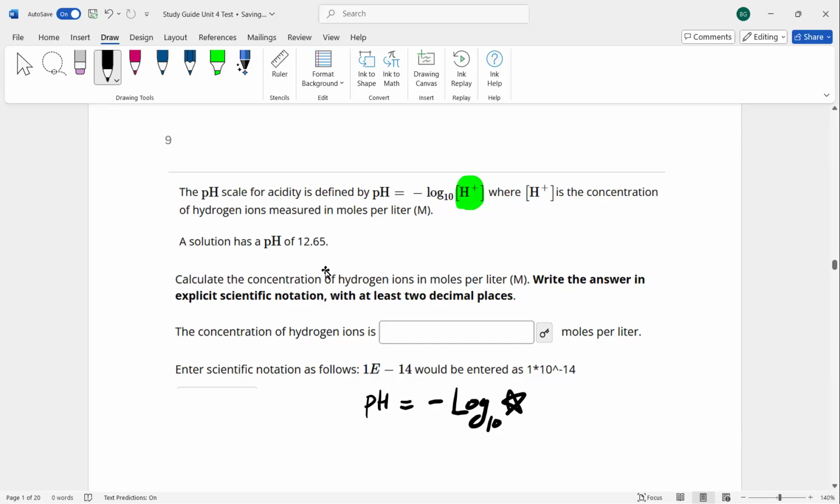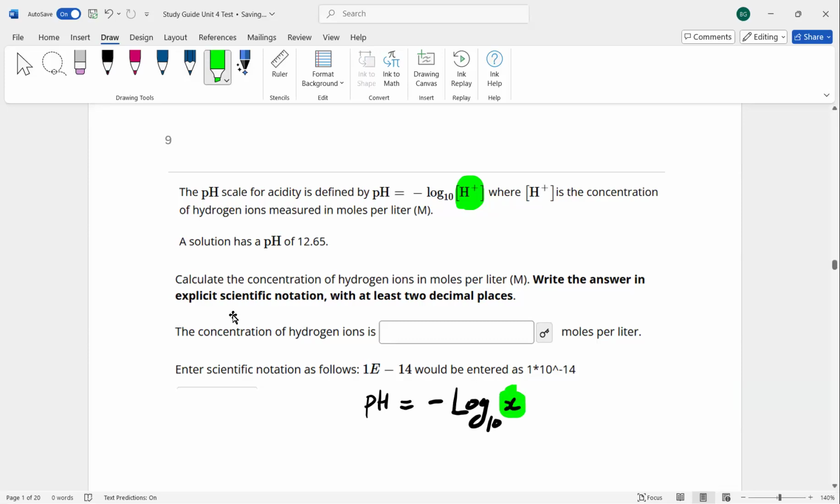So the concentration, the green part, is the concentration of hydrogen ions measured in moles per liter. We are looking for the green part, the star. You can use x if you like, and that's the green part.